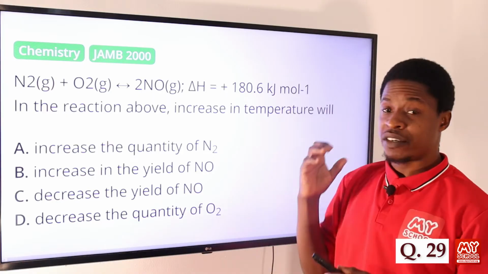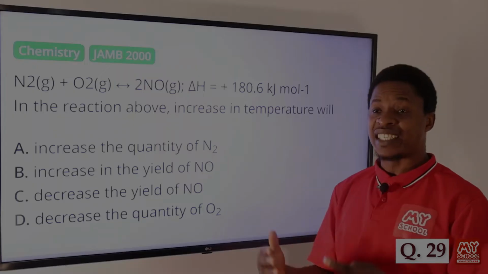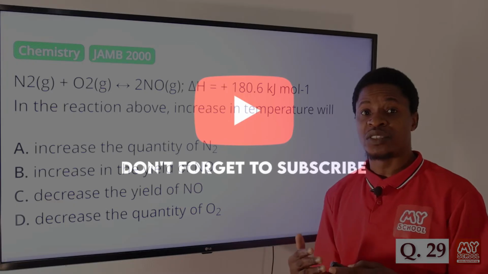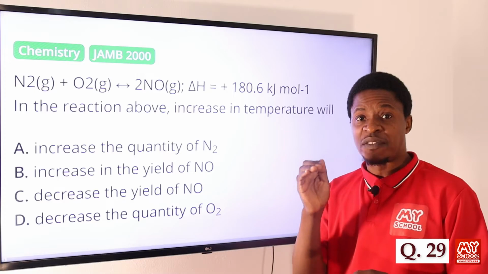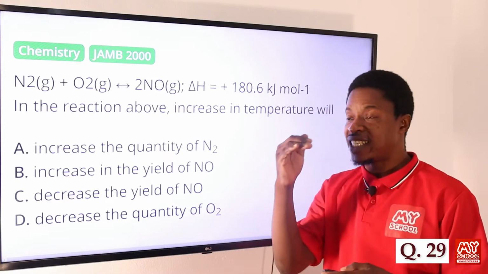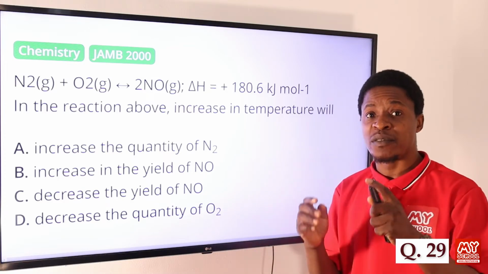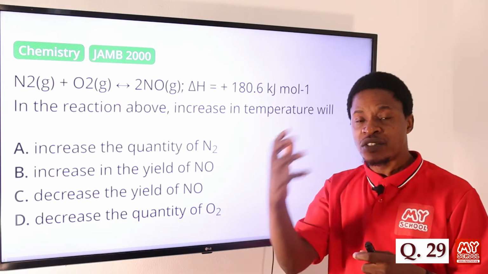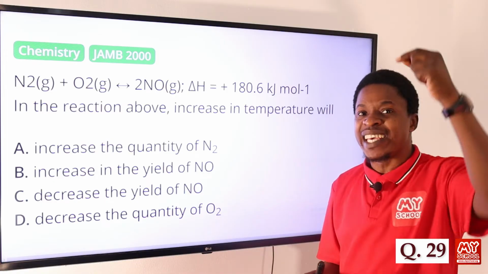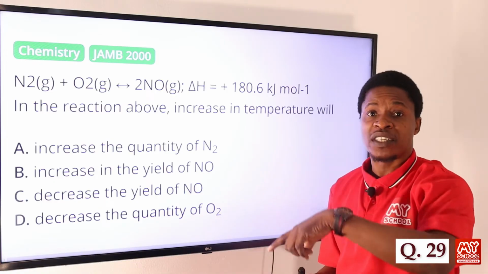So actually, according to Le Chatelier's principle, an increase in temperature or pressure or concentration tends to make the chemical equilibrium shift. Once there is an increase in any of those quantities, it will cause the equilibrium position to shift in order to what? To adjust and to cancel out the effect brought about by increase in that temperature or pressure or volume.